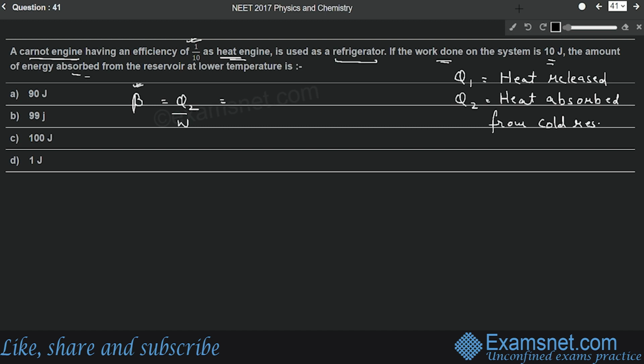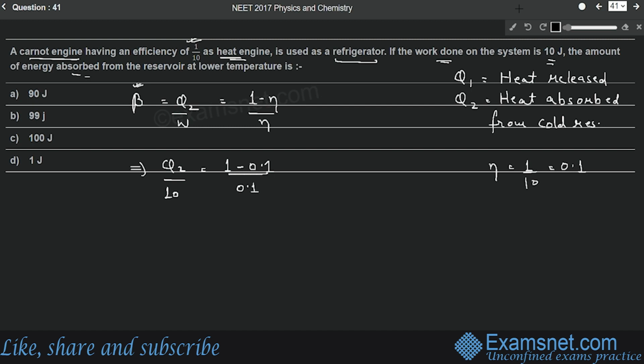Also it is equal to 1 minus eta by eta, where eta is the efficiency. So eta is given as 1 by 10, right? That is 0.1. So let's put the values. Q2 is unknown, that we have to find out. Work done is given as 10 joule. 1 minus eta, that is 1 minus 0.1, divided by eta, that is 0.1.